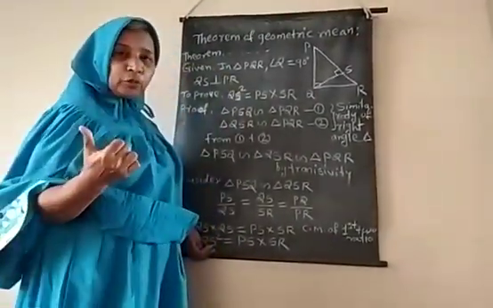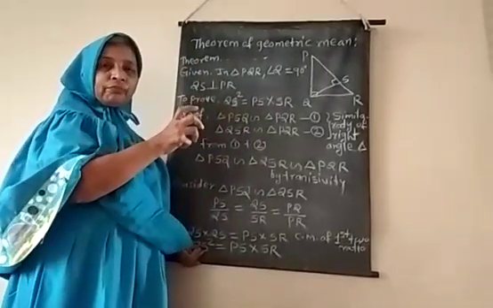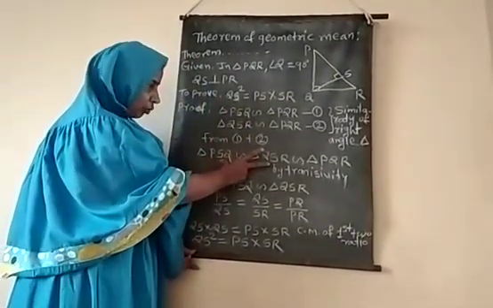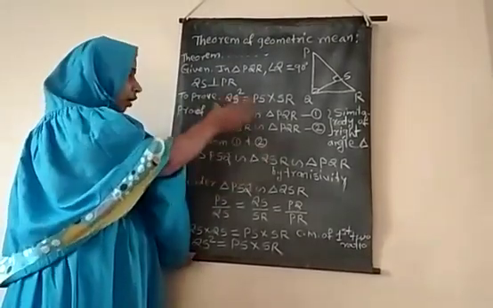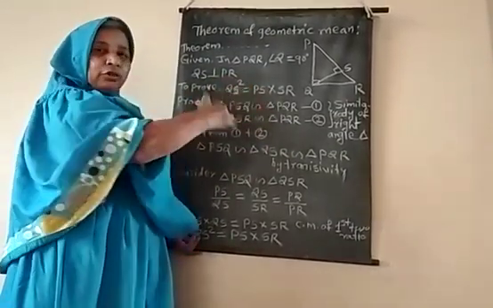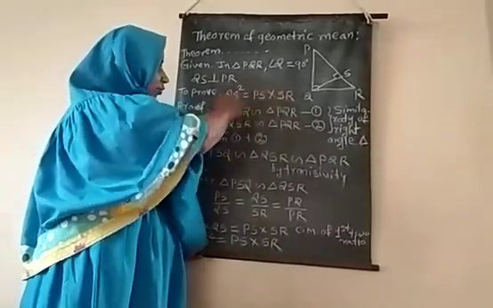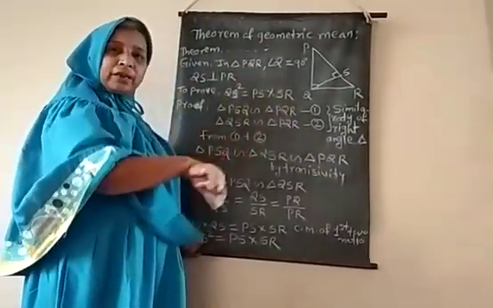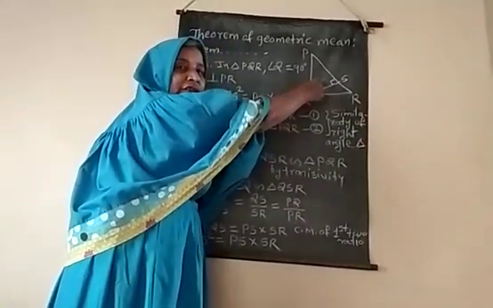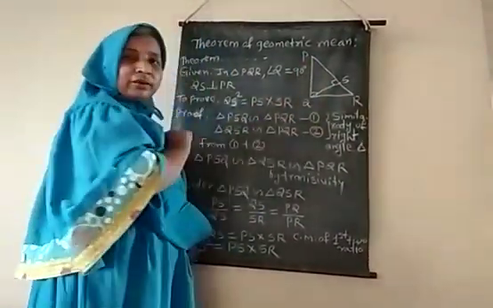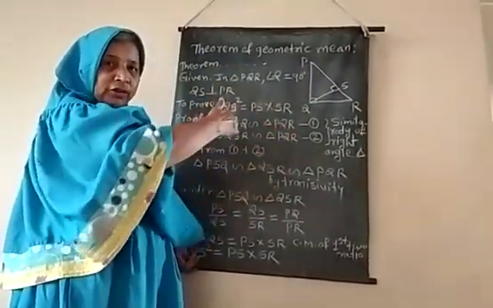Here in your textbook, it is given in short form. They directly consider these two triangles. But for your convenience, so that you understand, I have given the transitivity property again. Now see, triangle PSQ is similar to the full triangle PQR, which we just proved in the first theorem.